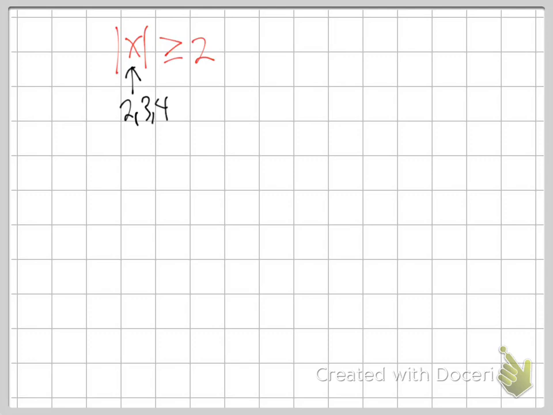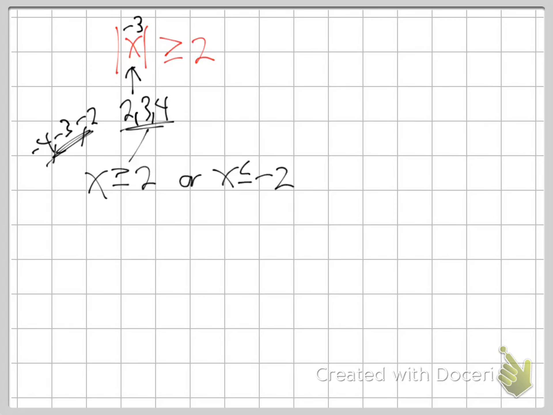2, 3, 4, all the numbers bigger than 2, right? But what else? Yeah, -2, -3, or smaller. Because if you put in -3, the absolute value would make it +3, and that would be bigger than 2, wouldn't it? So it's really tiny numbers and really big numbers. You would need to say it's any number bigger than or equal to 2 or smaller than or equal to -2, right? See that logically?